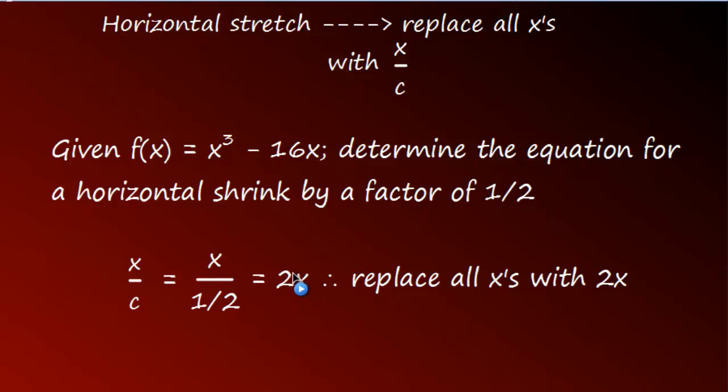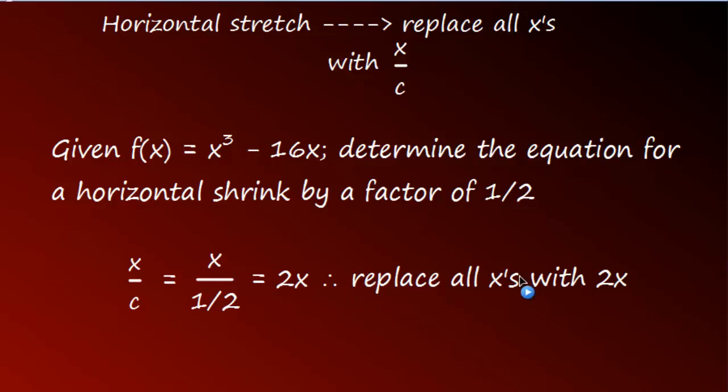Now I want you to notice something. Doesn't 2x look like you're multiplying something by a number bigger than 1? And it may appear that way, but again, this number came from x over c. So if we want to determine c, we have to think about this as being x over some number. Now when you do x divided by 1/2, divided by means you multiply by the reciprocal, which is where the 2x comes from.